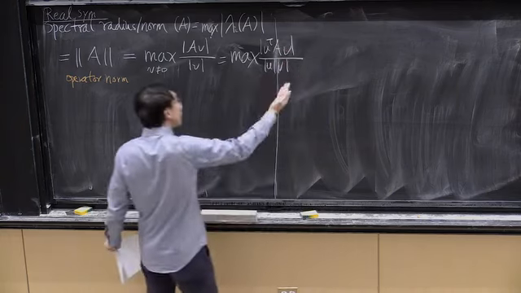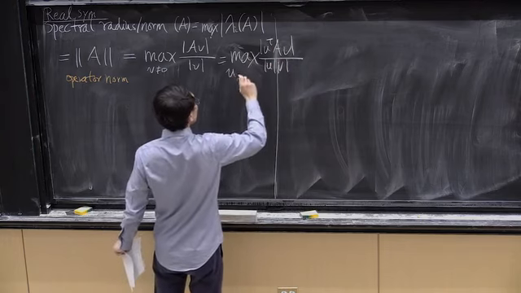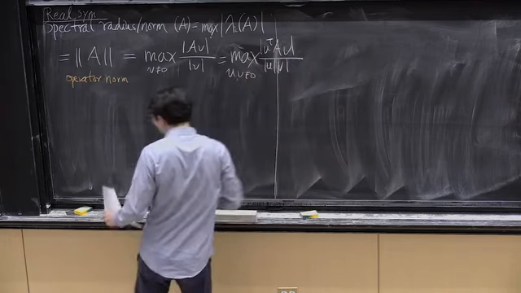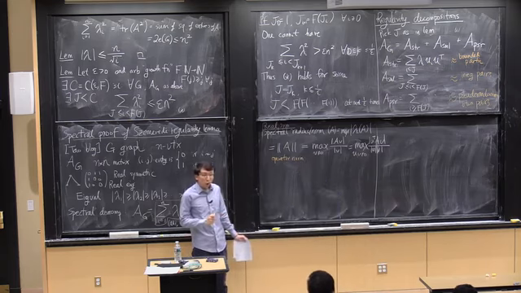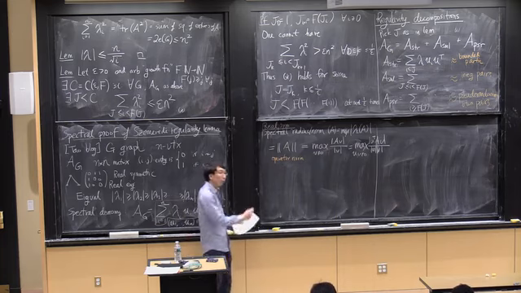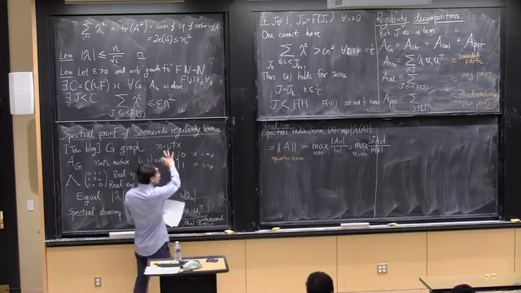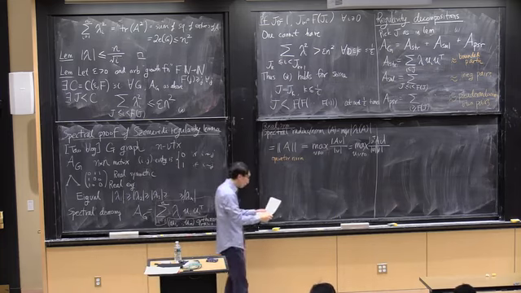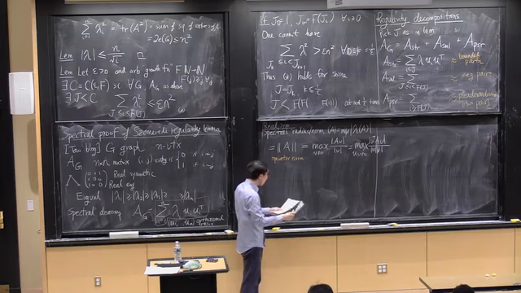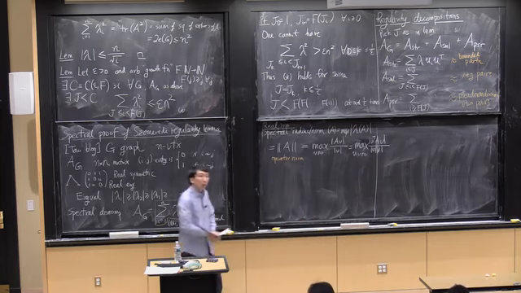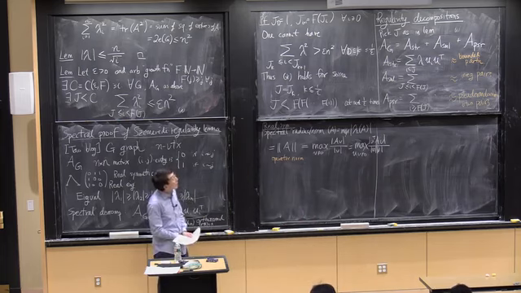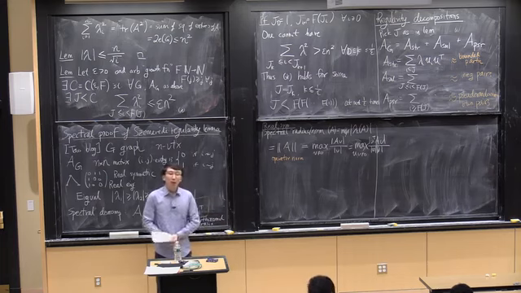If you hit it from left and right by unit vectors, how big can you get? So for real symmetric matrices, these quantities are equal to each other. And that will be an essential fact for relating the spectral data with combinatorial quantities. All right. So if you give me this decomposition, how can I produce for you a partition?